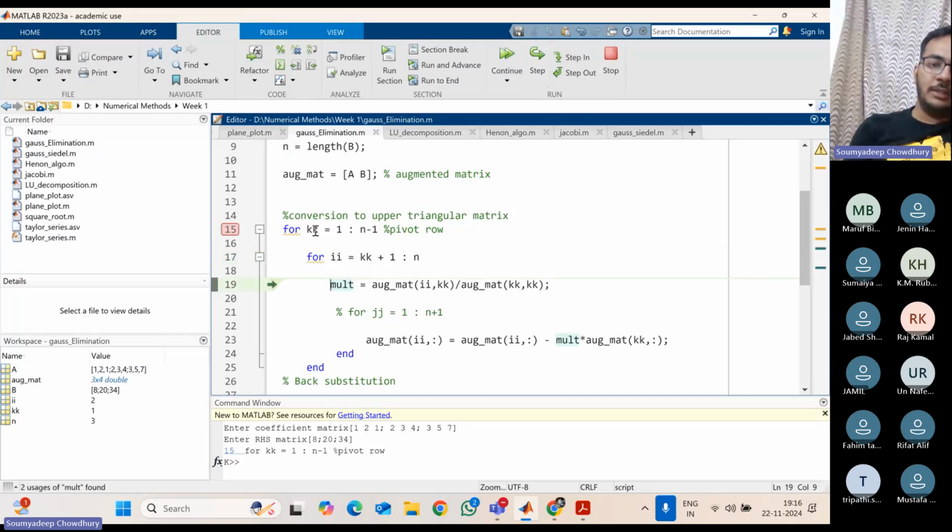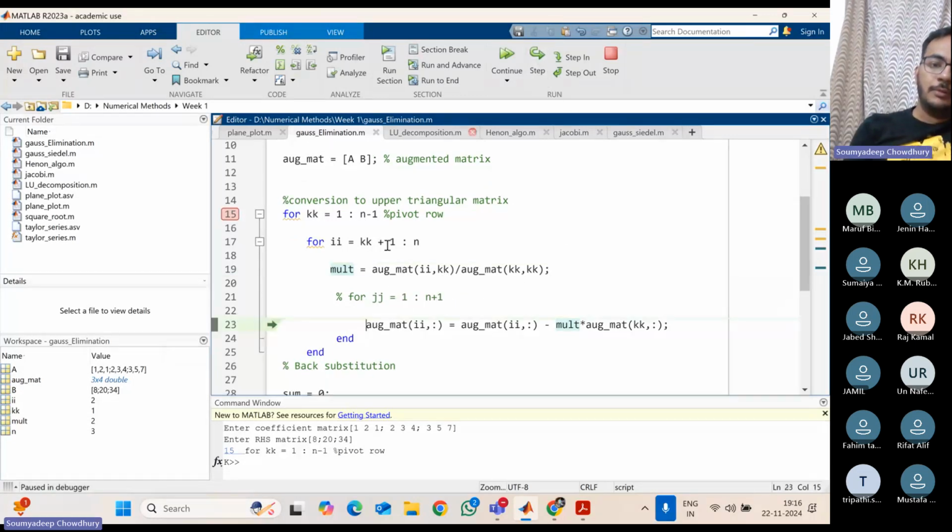Suppose now, see, kk value is 1 now, and ii value is 2 now, because kk is 1, so kk plus 1 is 2. So augment of ii comma kk is basically 2 comma 1 divided by 1 comma 1. So mult is now 2. Okay. So augment of ii comma colon means R2 equals R2 minus mult, which is 2, into kk, which is 1.